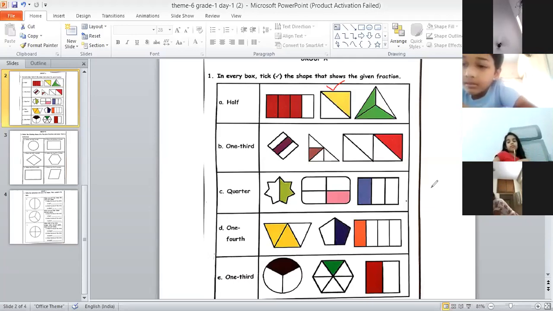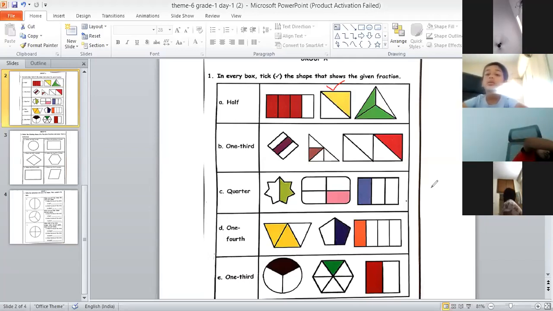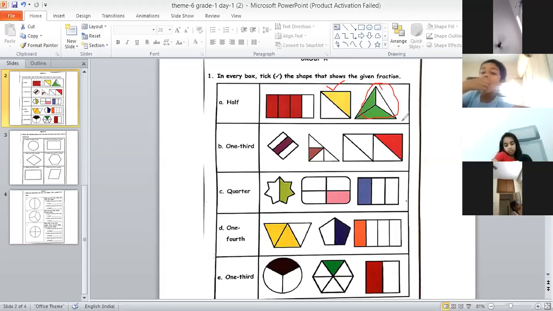Okay. Advait Gujja, please unmute yourself. Advait? Yes, ma'am. Next shape. Advait, tell me this triangle is divided into how many parts? 3. Okay.